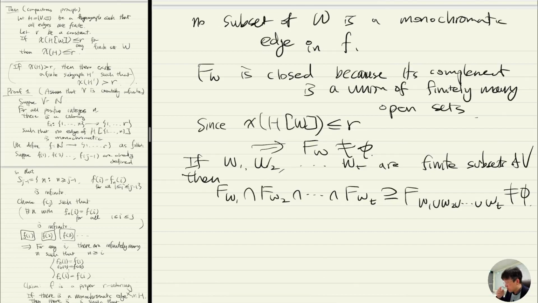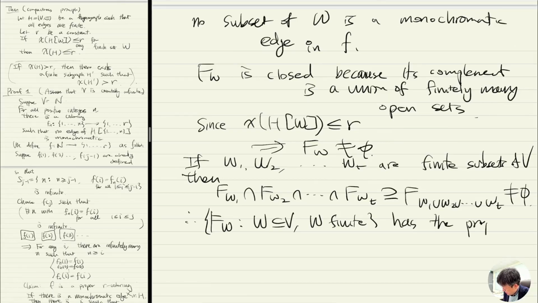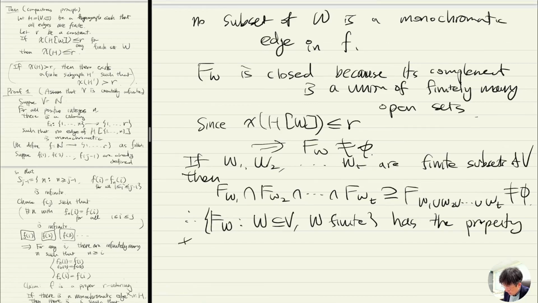So the collection of all F_W has the property that every finite intersection is non-empty.